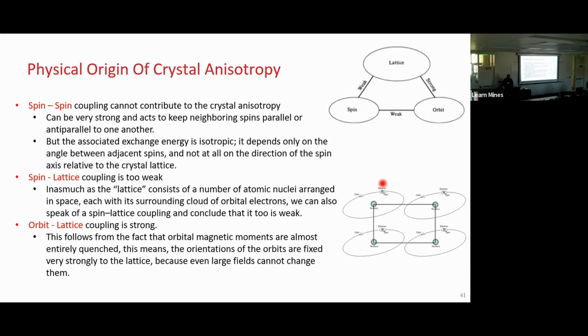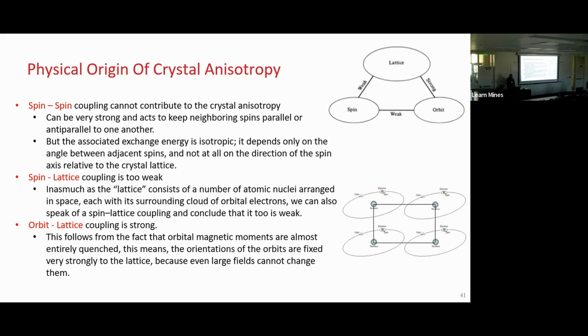So there are couplings, this one and that one, or this one along with many other electrons that happen to spin on the same or similar orbital. So that's the spin-spin coupling, all from electrons. Another one is spin with the lattice. Another one is spin with the orbital.